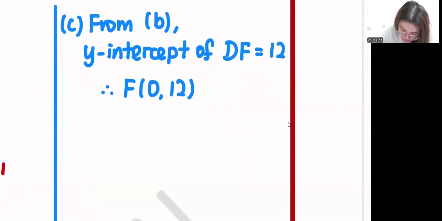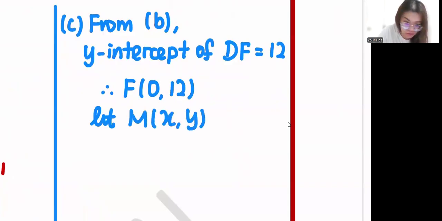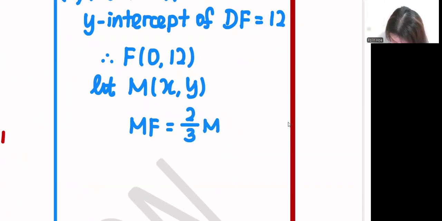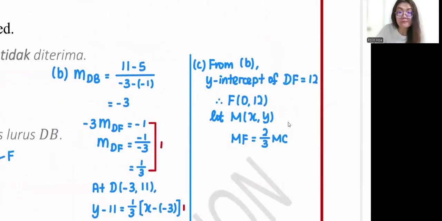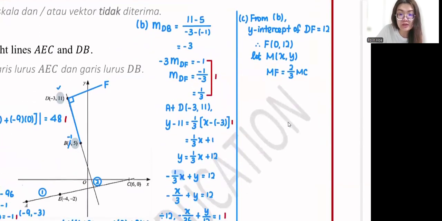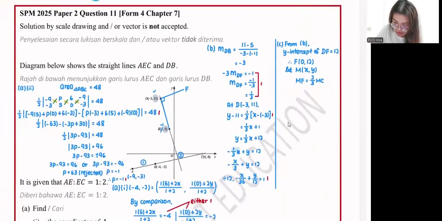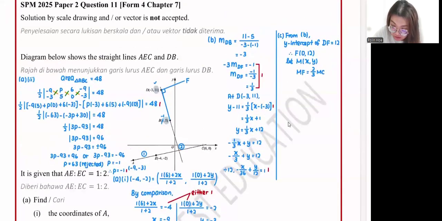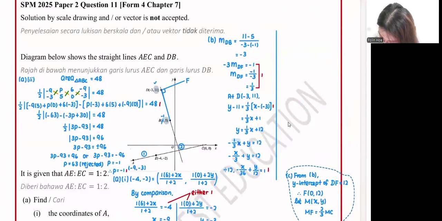After that, you let M be xy, and you know that MF is equals to 2 over 3 MC. 可以吗？ Because I cannot squeeze everything in, I need to edit a little bit. 所以现在我要做的东西 and you can continue to write. If you don't know, you wait for me for a while. I move a while.